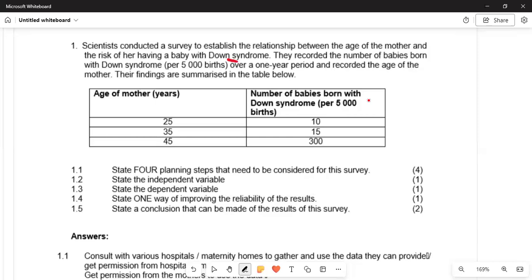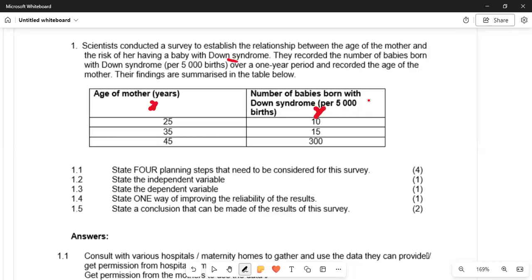The age of the mother is the x-axis on the graph, and the number of babies born with Down syndrome per 5,000 represents the y-axis. If the mother is 25 years, the number of children that can be expected to be born with Down syndrome out of 5,000 is 10.